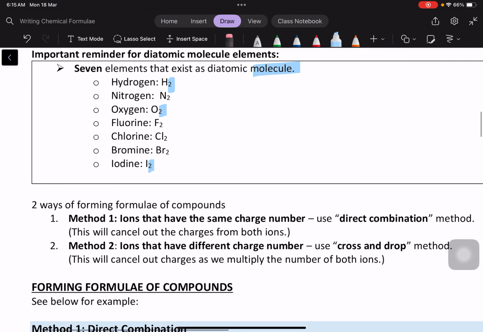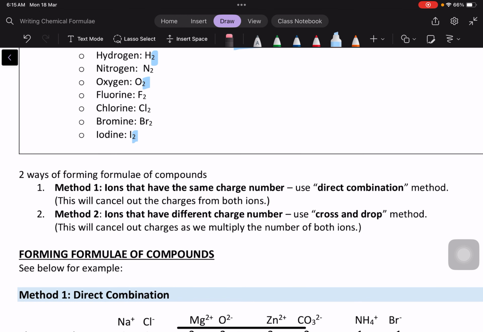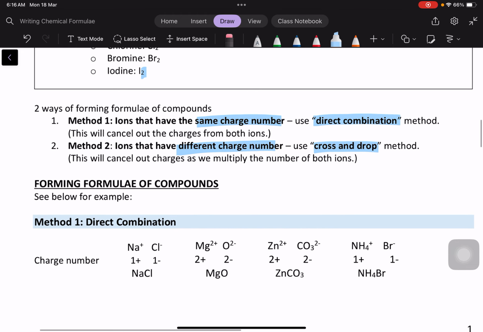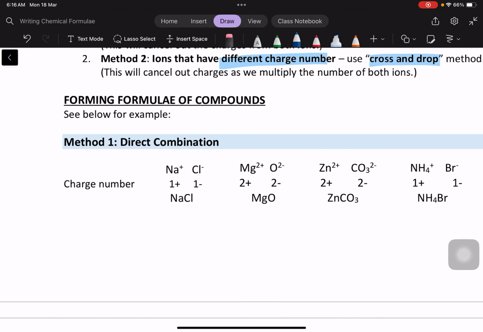Now let's get straight into how you write compounds with the same charge number using direct combination, and different charge numbers using cross and drop. If it is the same charge number, it means the numbers are exactly similar. For example, sodium has a charge of 1 plus and chloride 1 minus.